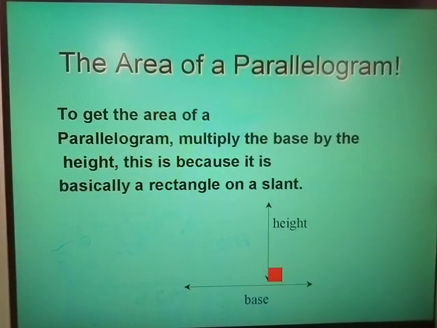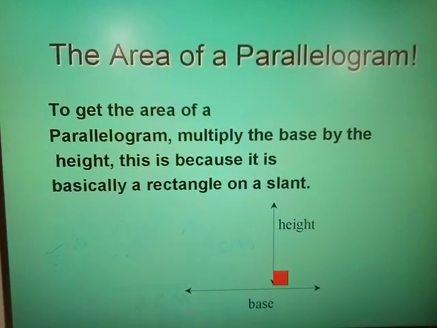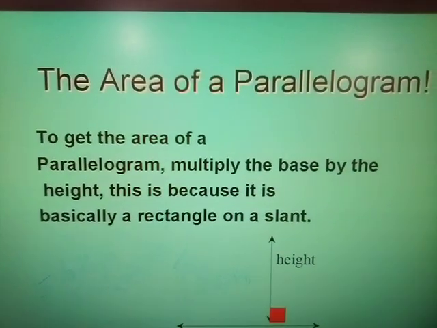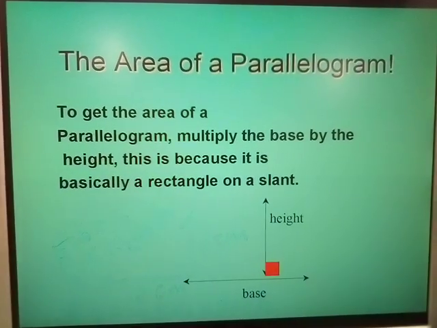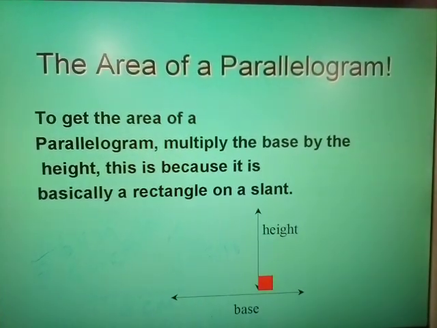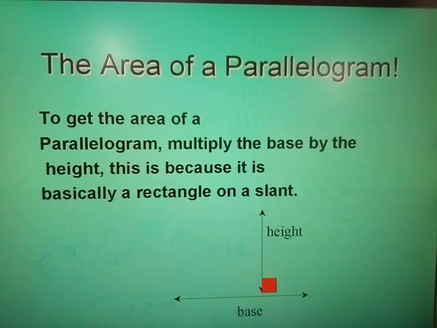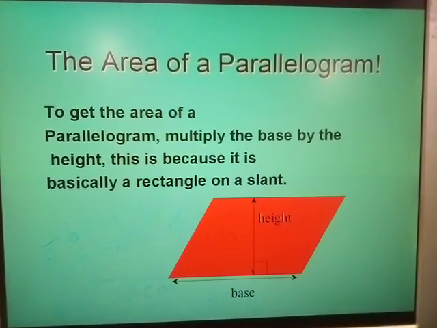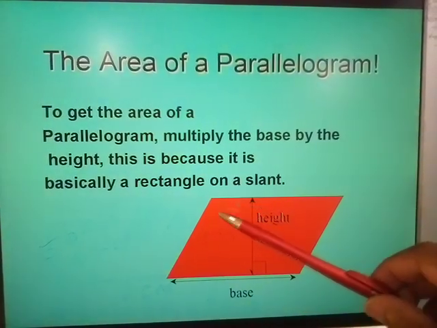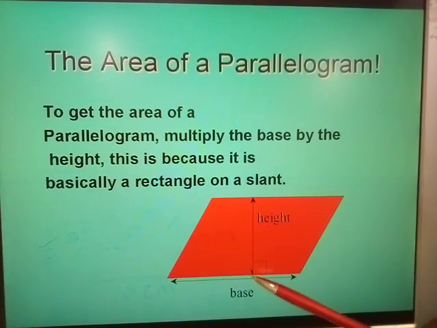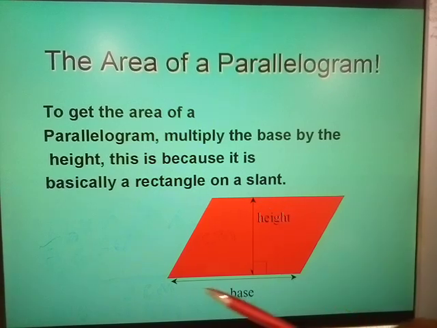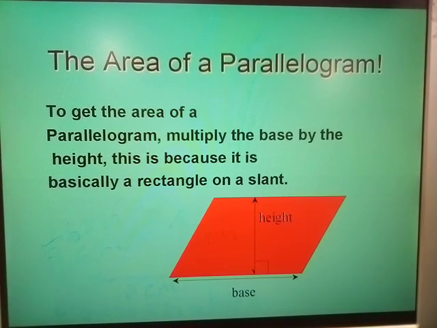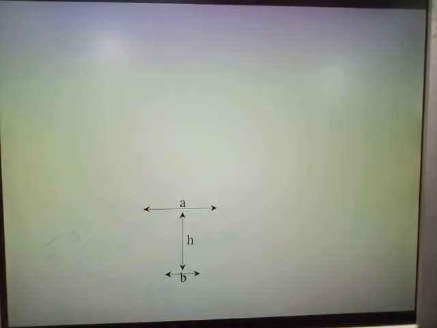Okay, and basically that's what it is. Right. So let's just get a close up of that for you. You can see that this is the case here. And there you are. It's a simple matter of multiplying that by that. Okay. Height times the base.